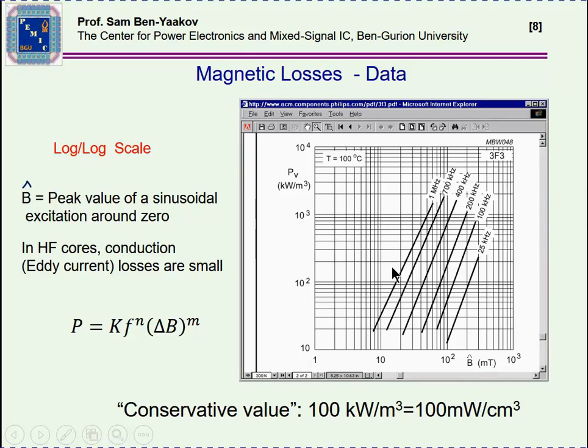So if we know the delta B that we have, then we can bring up this curve, and for the given frequency that we are operating at, say it's 100 millitesla and the frequency is 200 kilohertz, then we are at this point, which is about 180 kilowatt per meter cube. And this will give us the information about the power loss of this particular material.